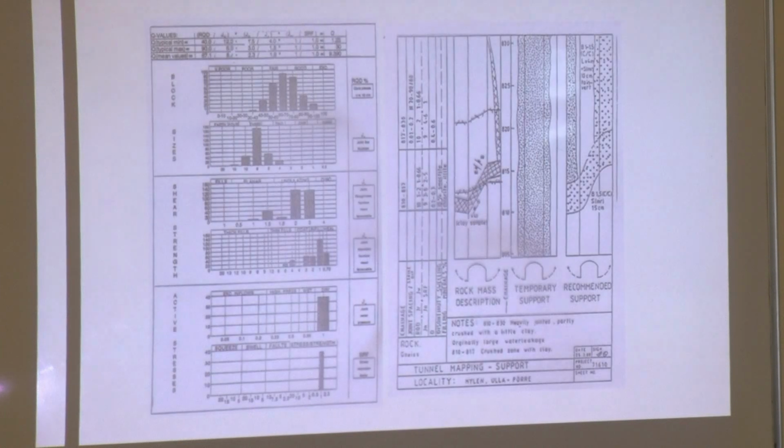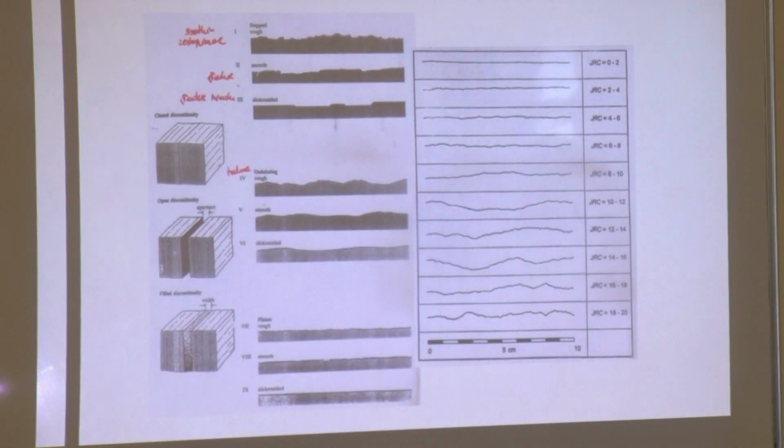Then this is the note sheet generally prepared for developing the classification in the laboratory. In the field they take care of it and determine it. I have already told you why joint roughness is a very controversial topic in the community of these classification groups.